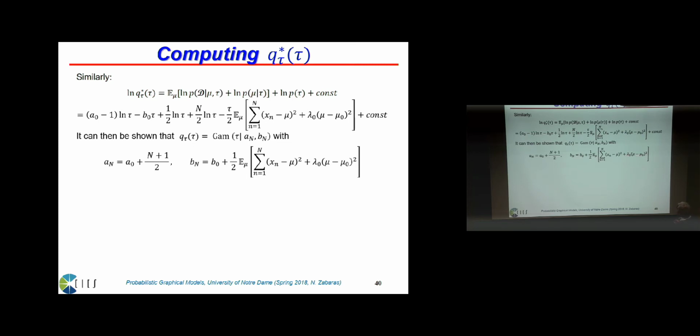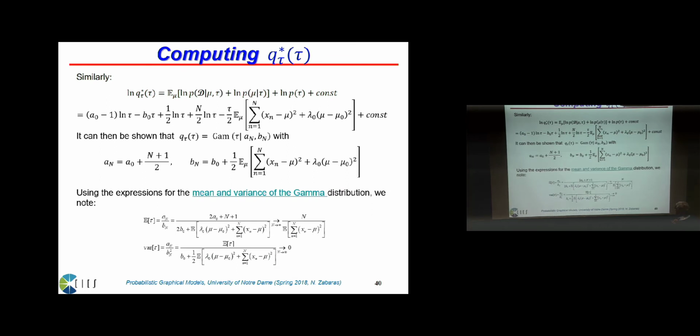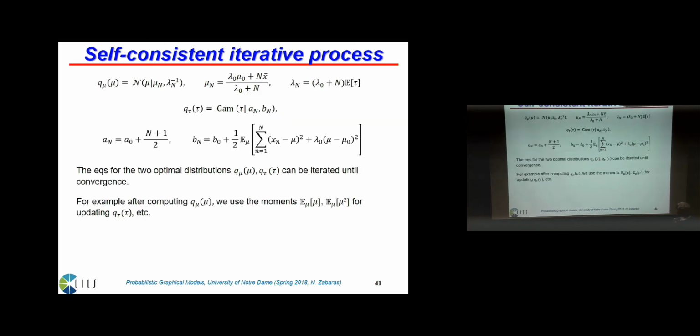And again, here you need to have expectation with respect to mu. So basically, this is a summary of everything: Q of mu is a Gaussian, Q of tau is a gamma distribution.